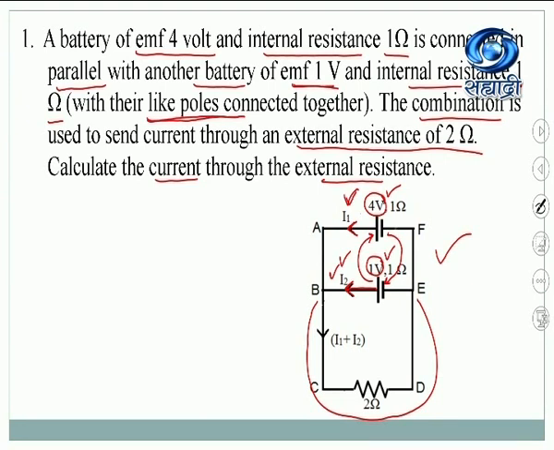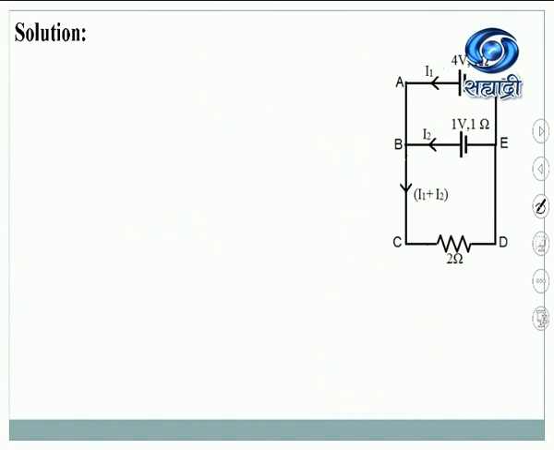This is how we can see the situation. Drawing the diagram is important, and the most important is how to show the currents in the circuit. So what is asked? We have to calculate I1 plus I2, that is the current through the external resistance.